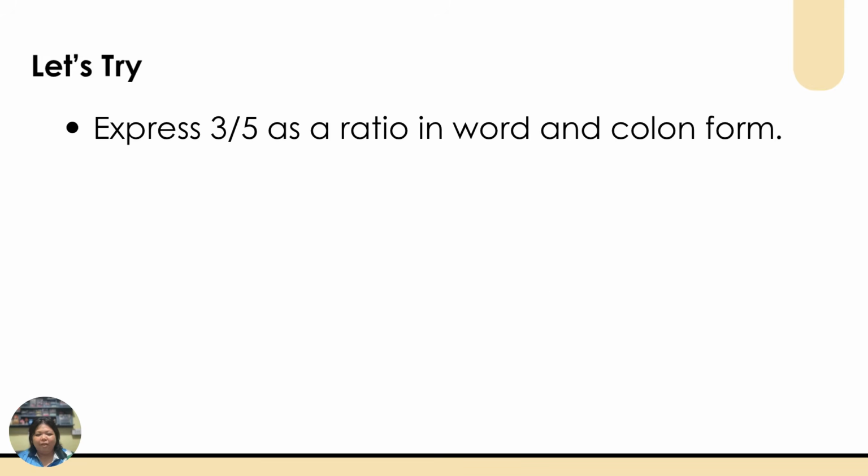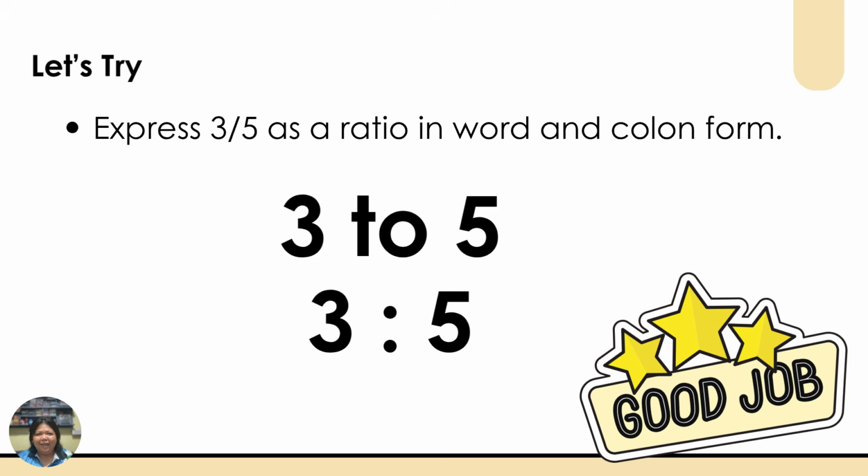Now let's have another. Express 3 over 5 as a ratio in word form and colon form. So you have two answers. Okay, so we have 3 to 5 and 3 colon 5.